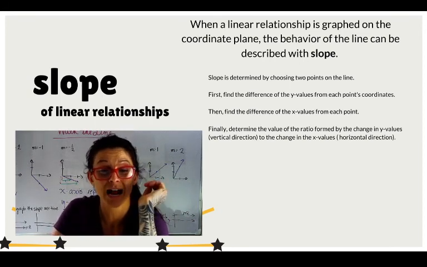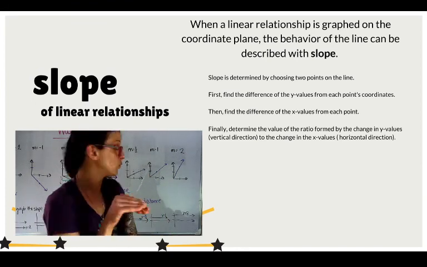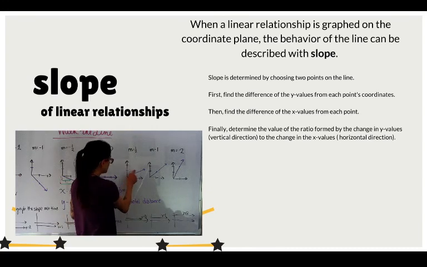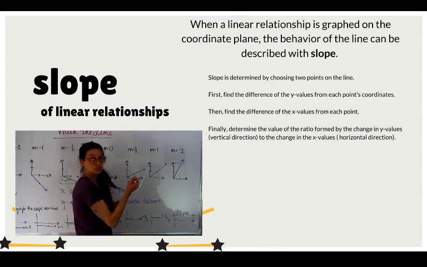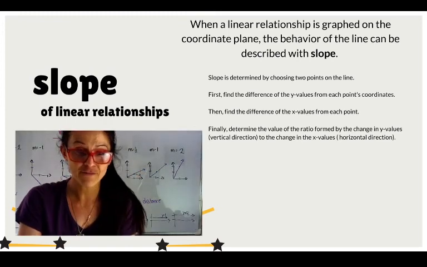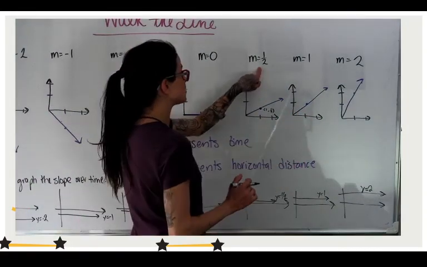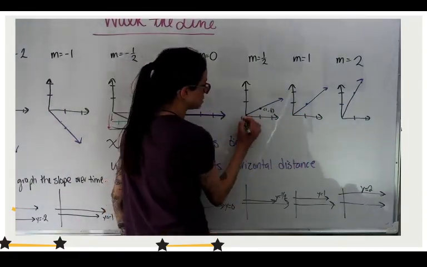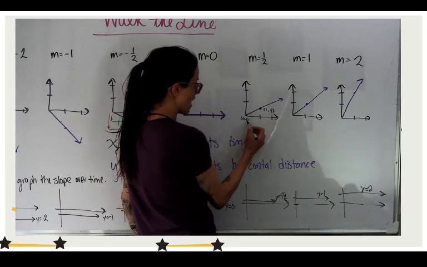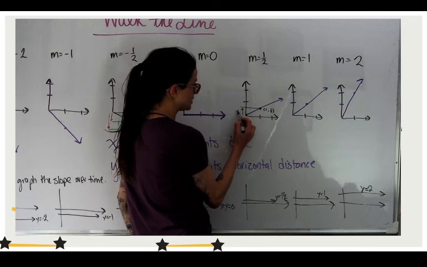So you can actually determine slope by choosing 2 points on the line. First, finding the difference in the y values. Here, if I'm looking at the origin, the point (0, 0), and this point, which is (1, 1/2), you will be able to see that the slope is m equals 1/2, because I'm taking the change in the y values. So y is changing by an increase of 1/2.